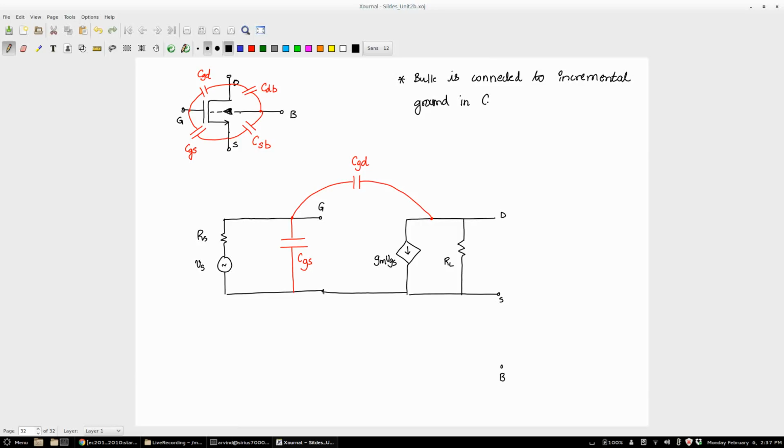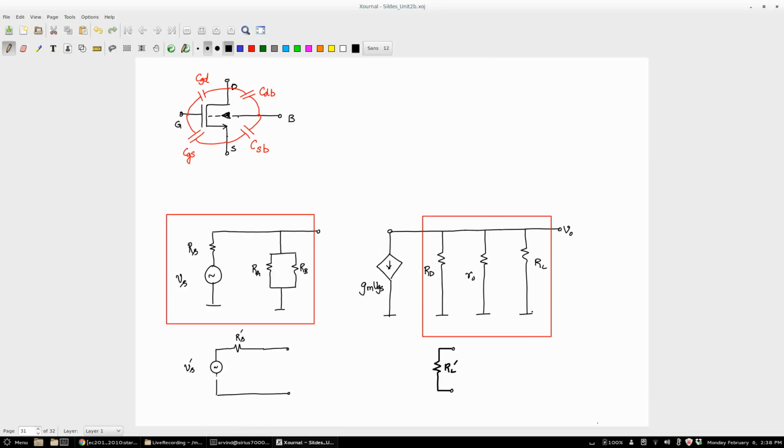Okay. Now for the purpose of a common source amplifier, actually the bulk is also connected to incremental ground. So the bulk is connected to incremental ground in a common source amplifier. Think about this. Maybe I will clarify this point later. Okay.